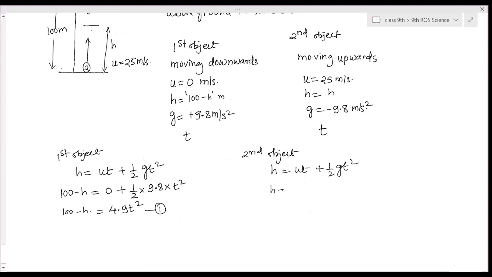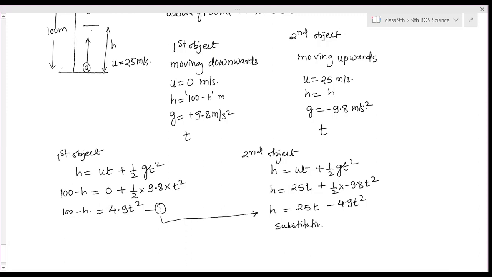H is h only, u is 25t plus half into minus 9.8 t square. So h is 25t minus 4.9 t square, right? This is also 4.9 t square, value is 100 minus h. Here is also 4.9 t square. So substituting this value of 4.9 t square directly in this equation.